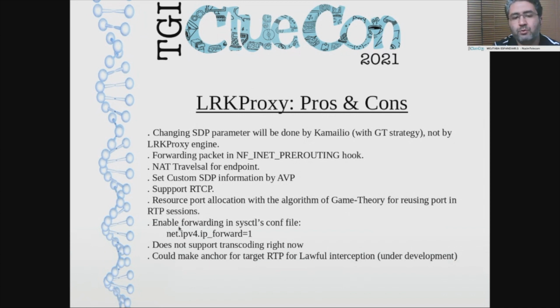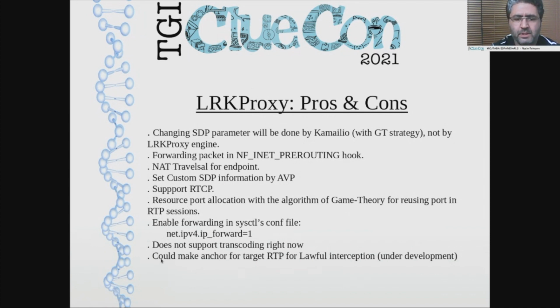We have to enable forwarding options in your operating system. Unfortunately, we do not yet support transcoding in LRK proxy because we focused on the huge number of packets that come to your network.